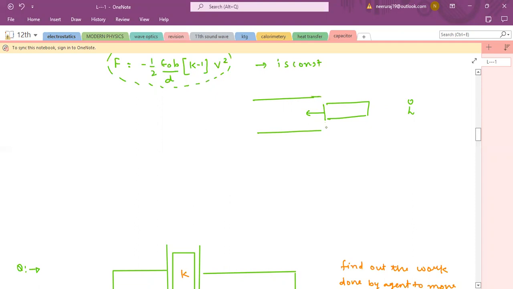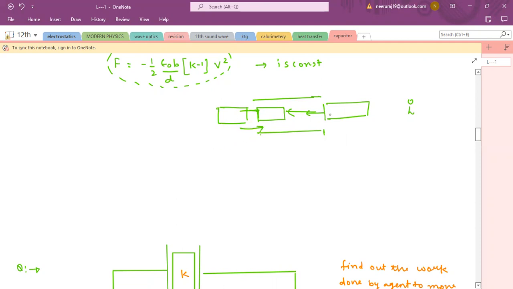Once this slab enters from this point, up to this point, until the slab comes outside, the force acts on it in this direction. Once it goes out, again this same attraction force acts in this direction.